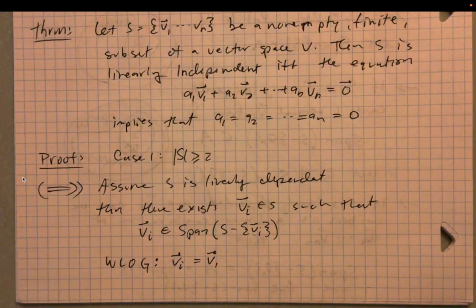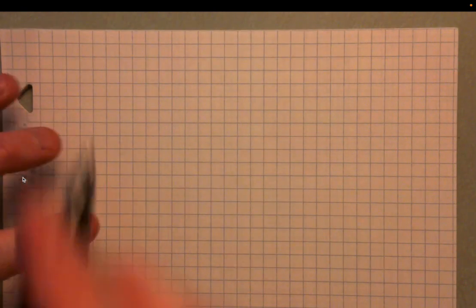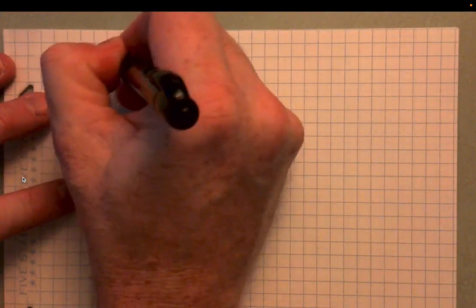The first is attractive because it just makes the notation more straightforward, a little less clunky. So we assume without loss of generality that the vi vector that can be written as a linear combination of the others happens to be v1.